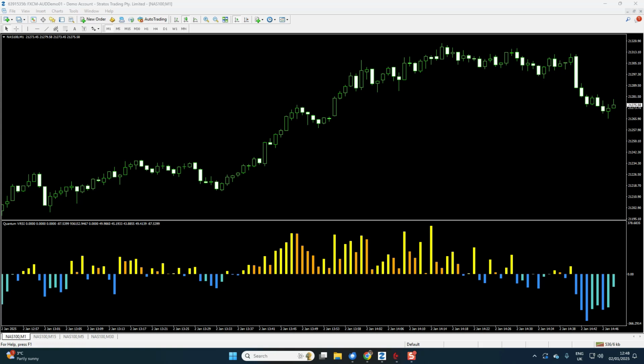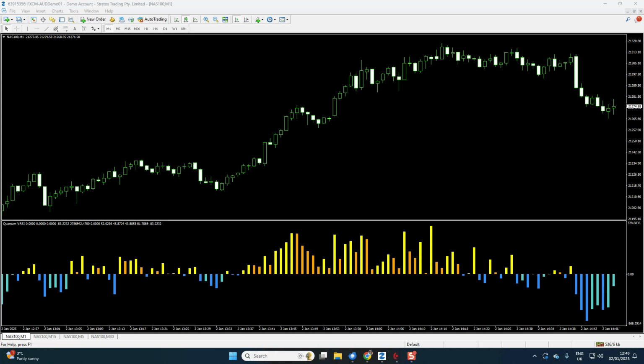Secondly, we look at the height of the bars of the indicator, which signal strength. And thirdly, we look at the color combinations, essentially brighter colors for increasing strength, and where we have a darkening of that color, we have diminishing strength.